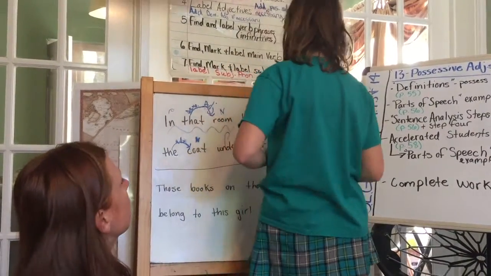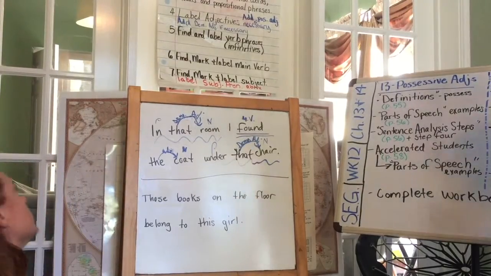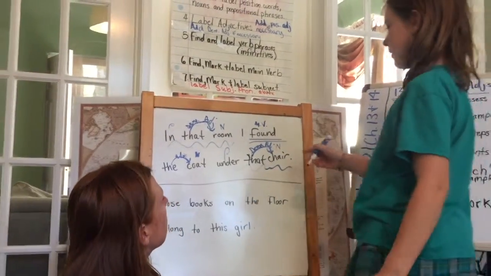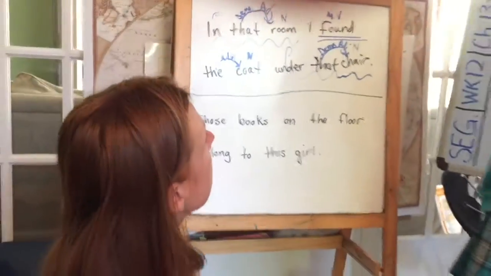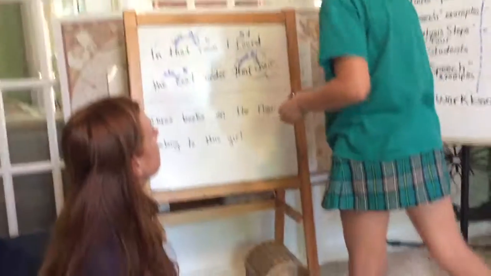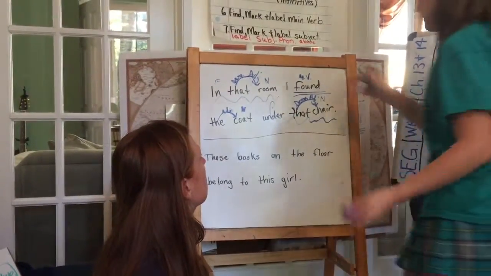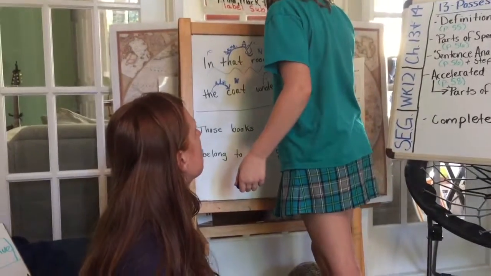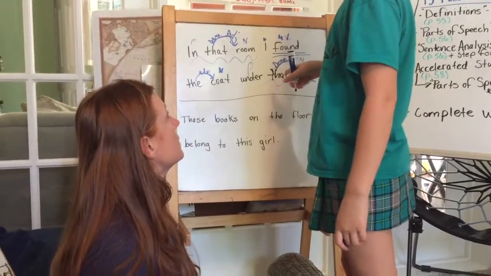Okay. Allie, get out of the way. Step aside. Now, do number 7. Find, mark, and label the subject. Noun. So this is noun. It's actually a pronoun, isn't it?